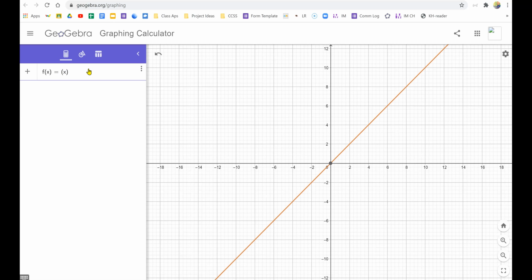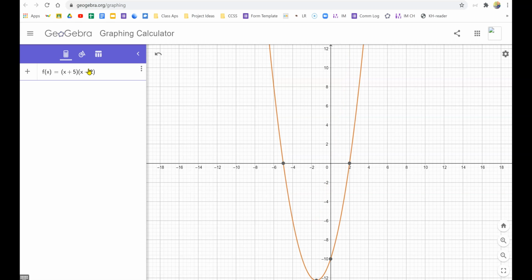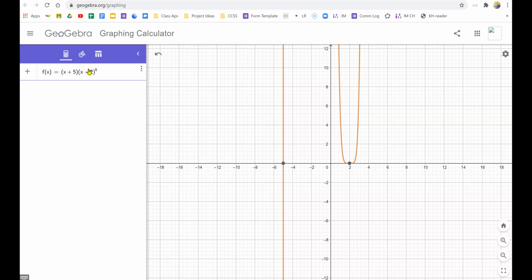and then in the first set of parentheses, x plus 5. In the next set of parentheses, x minus 2, and that's raised to the 6th power. And then the last set of parentheses is x minus 8.